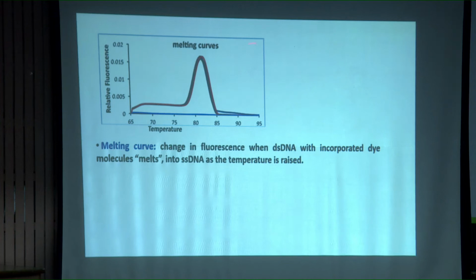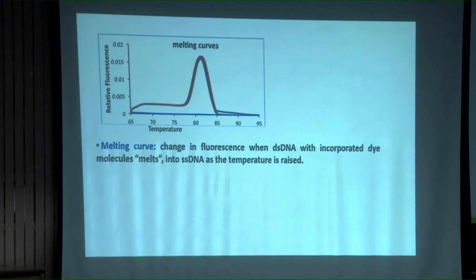That's what you see here, a sharp drop in fluorescent signal. The single melt curve indicates the specificity of the primer, and it also indicates that there are no non-specific amplifications. If there are non-specific amplifications, you will see different melt curves in the same reaction, right? You keep this in your mind.